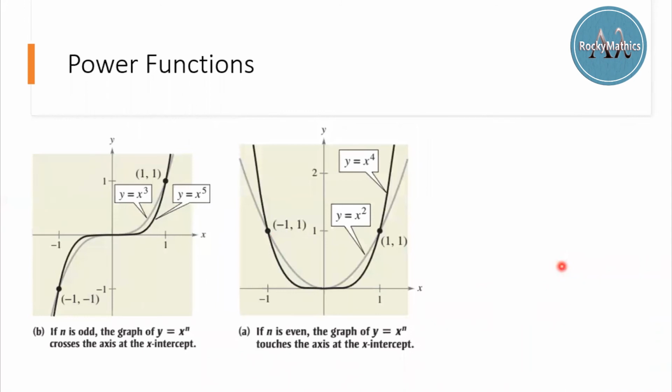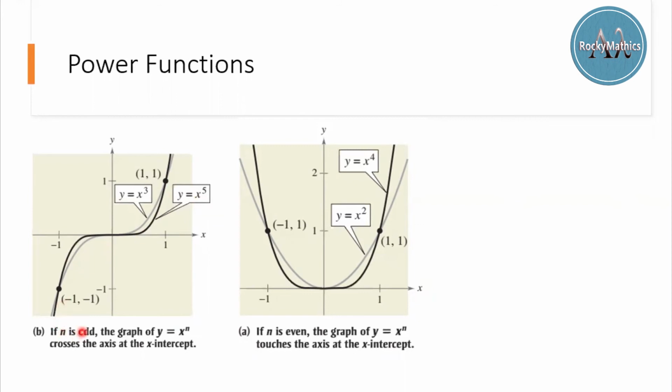So another type of polynomial function, we consider here the power functions. Now, this one is the graph of x cubed, the gray one, and the black one is x raised to 5. So what is your observation?